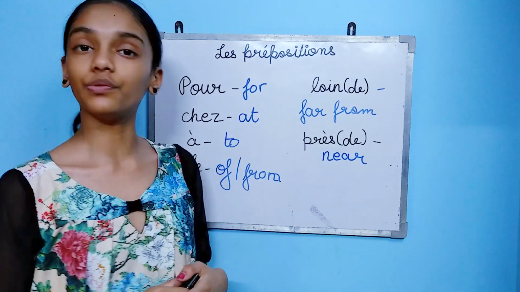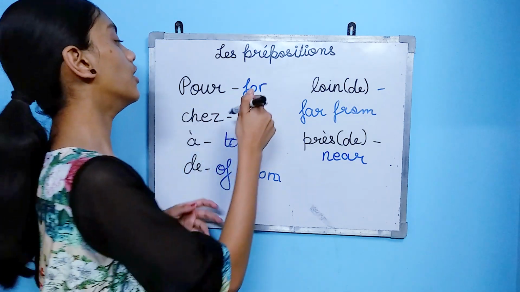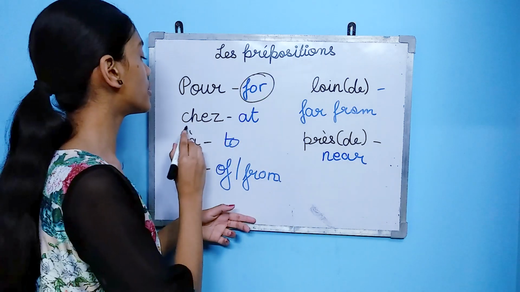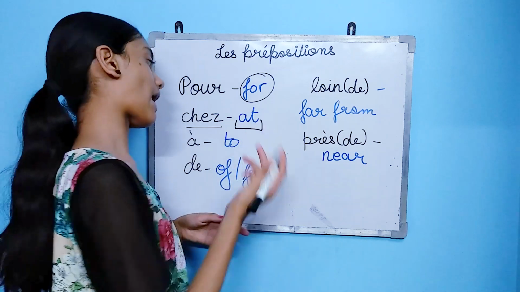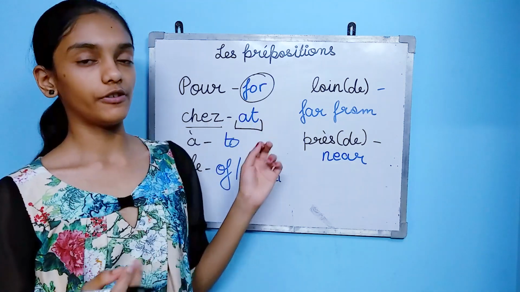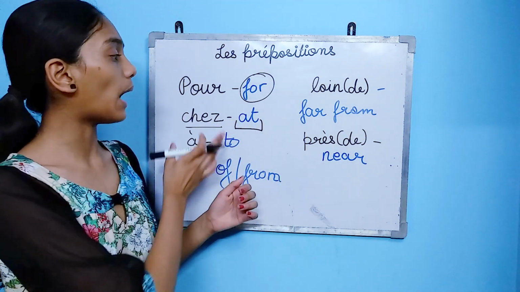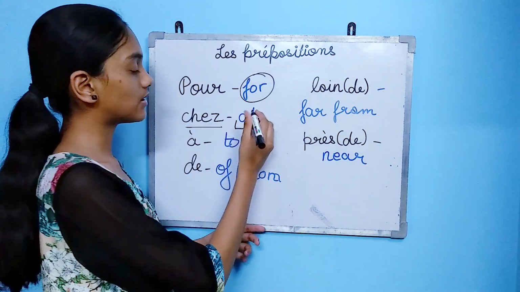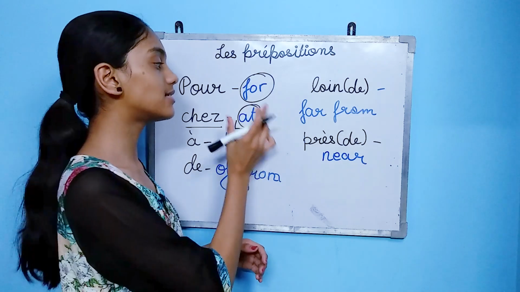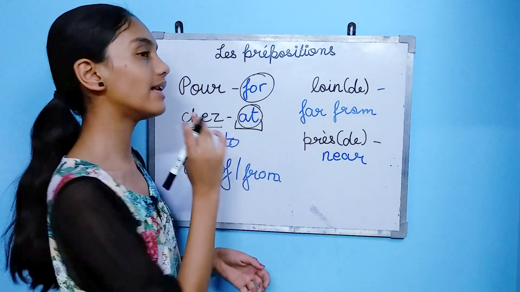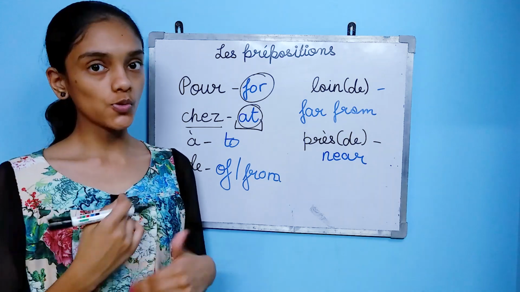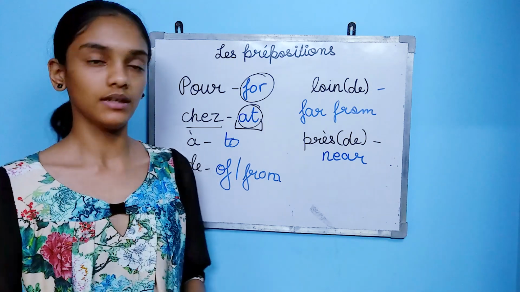The next preposition we are going to learn about is pour, which means for. Then we have chez. Chez means at, and here it is referring to a place, like I'm going to my friend's place. So this at is at someone's place. Like we can say nous allons chez notre ami.